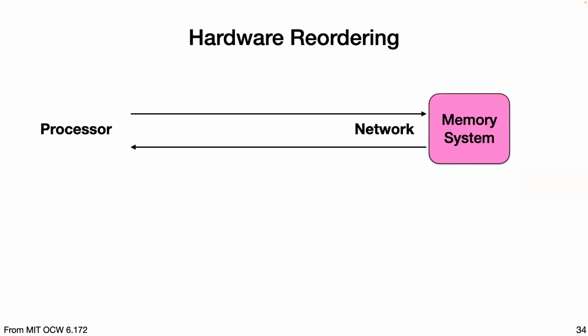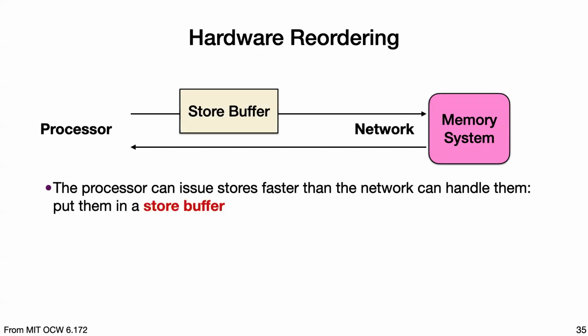Okay, so this is the simplified model of the hardware system. You have the memory system, you have the processor, and you have the network through which they communicate. The processor stores things into the memory system and loads things from the memory system. The processor can issue instructions, including stores, faster than the network can handle them, because the network is bound by memory latency.